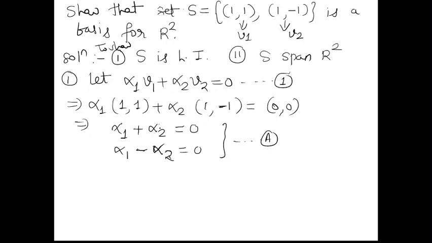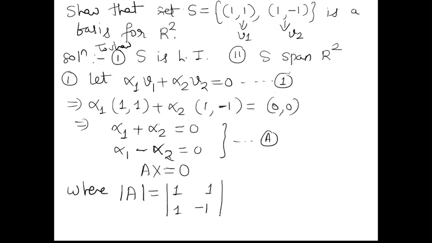Now to check whether it's linearly independent or not, once you get a system of linear equations, what do we do? We write this in matrix form, which is Ax equal to 0, where we calculate the determinant of A. The determinant of A is the coefficients of alpha 1 and alpha 2 in this equation, so that is 1 1, then 1 minus 1.